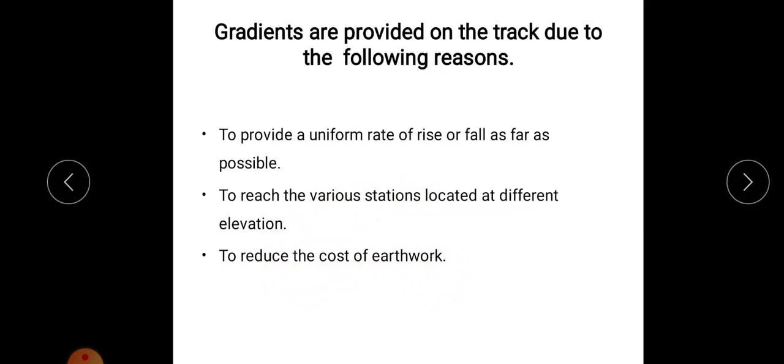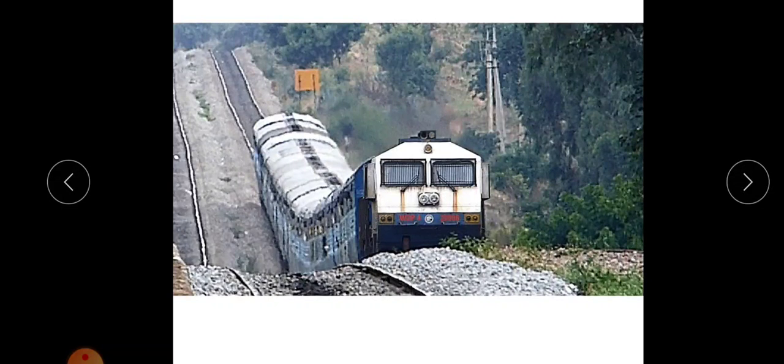If we are not providing gradient, or if we give a straight path only, we have to do a lot of earthwork by filling and removing soil, so the cost will be very high. For reducing that cost on this varying topography, we provide gradient. Here this is the falling gradient, then this is the rising gradient.